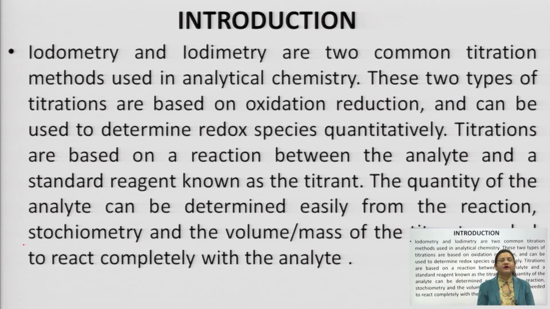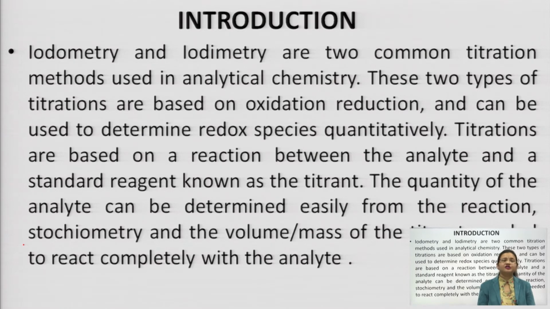The quantity of the analyte can be determined easily from the reaction stoichiometrically, along with the volume and mass needed to react completely with the analyte. What do we mean by a stoichiometric reaction? Stoichiometric reactions are reactions which are well balanced and which show the number of moles of each reagent reacting with each other.